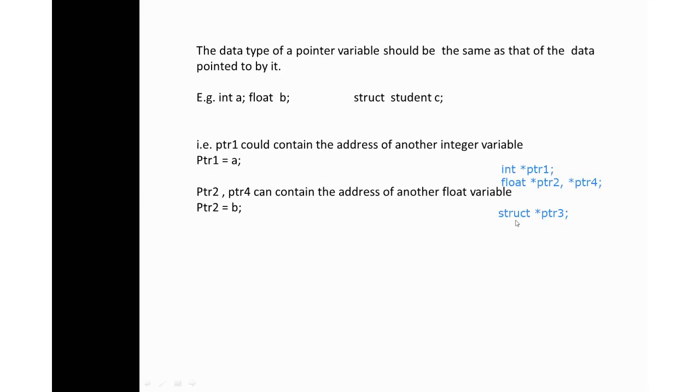For this, PTR3 can contain the address of another structure variable. So C is a variable of the user defined data type structure. So PTR3 is a structure pointer variable. So you can assign only like this.